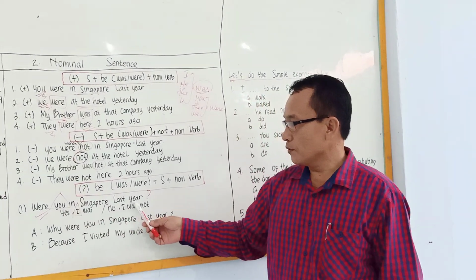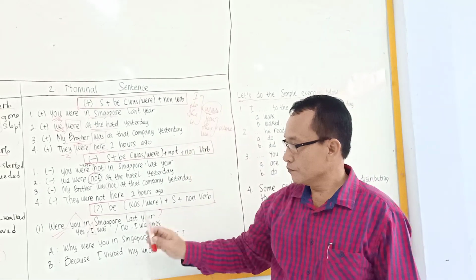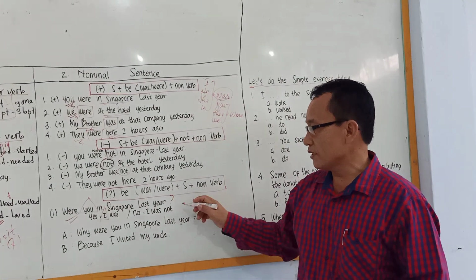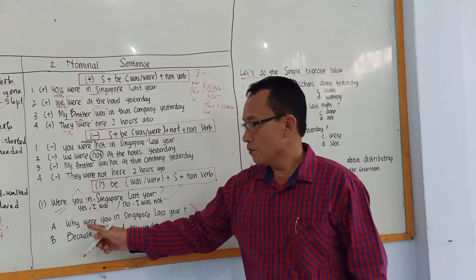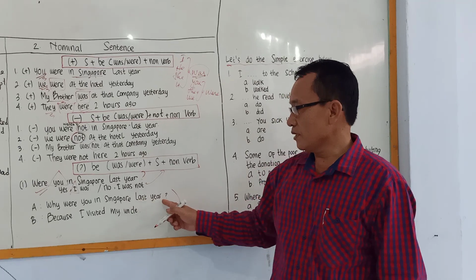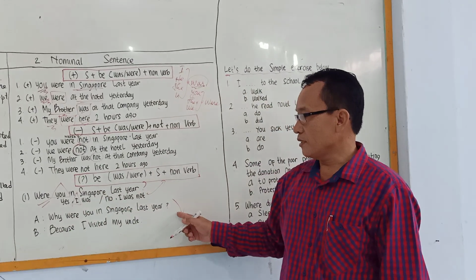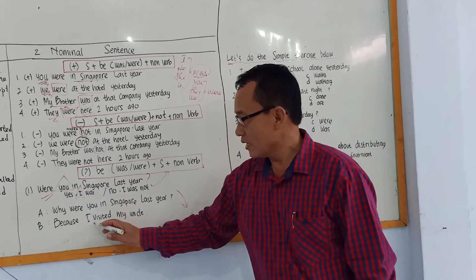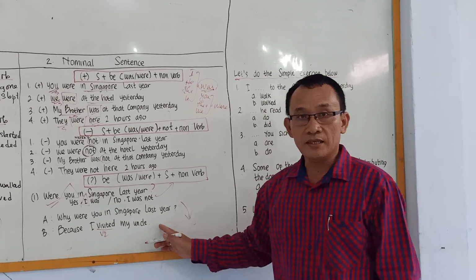Were you in Singapore last year? Why were you in Singapore last year? This is rising, and this is falling. Why were you in Singapore last year? Because I visited. The same. I visited, verb 2. I visited my uncle and so on.